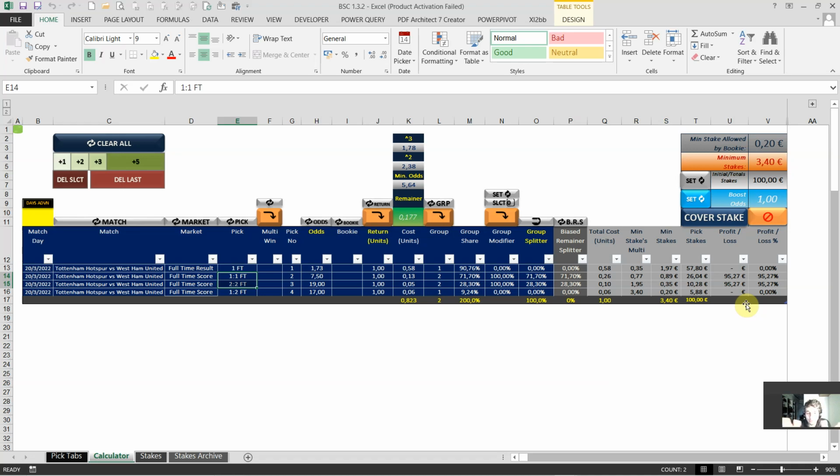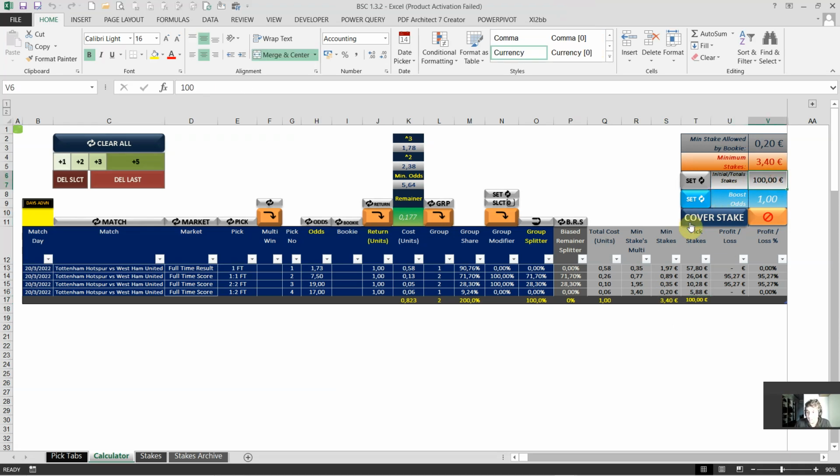So this is all for this video. This is an example of how we can utilize Betakos Stake Calculator to secure our stakes the best way possible, and then we can go after any kind of selection we like. And of course, the calculator is absolutely necessary because we can easily calculate the stakes needed on each of the selections, so we can apply our staking plan and make it happen in our bookie.